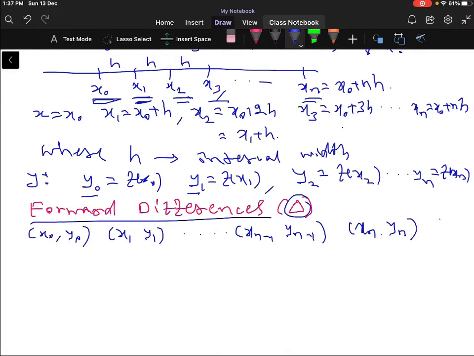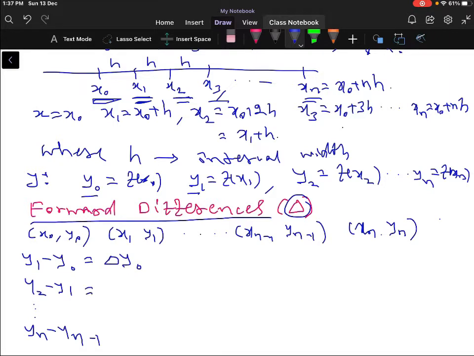The differences y1 minus y0, y2 minus y1, and so on, yn minus yn minus 1 are the first forward differences. That can be denoted by delta y0.